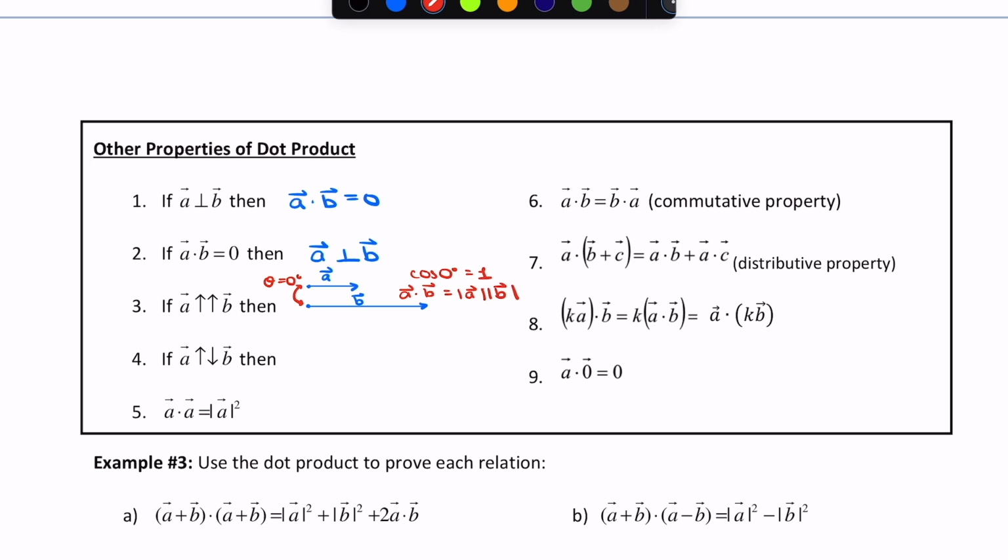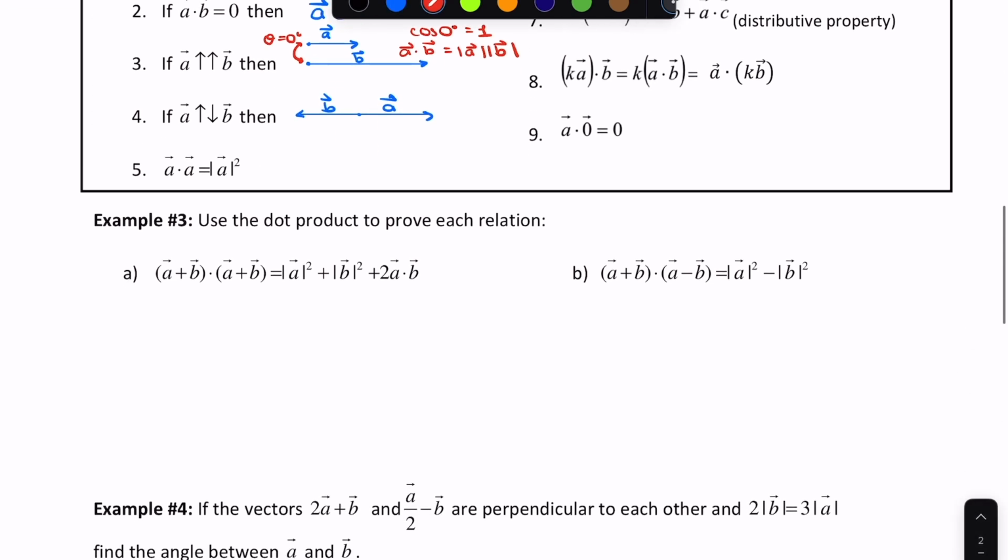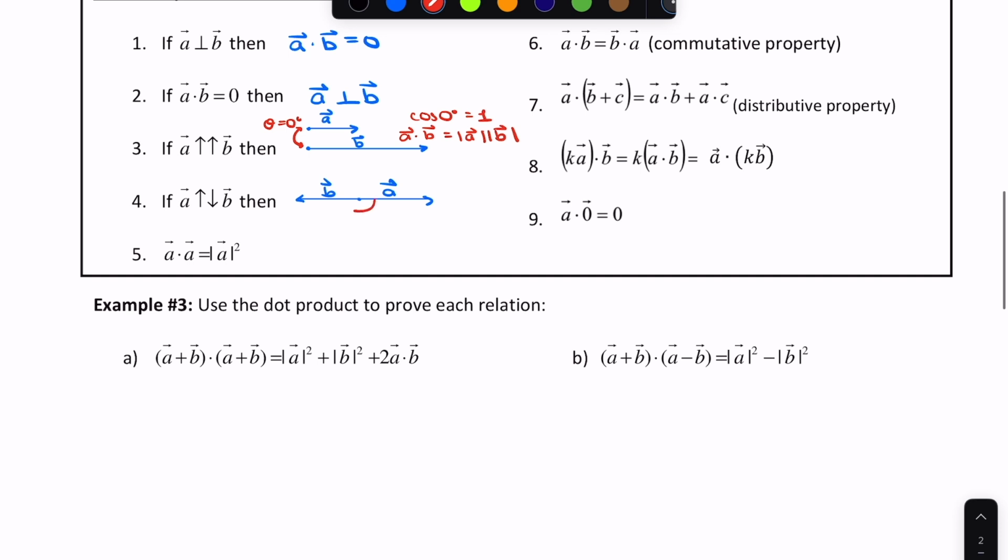Here, if vector A and vector B are moving in opposite directions, so let's say vector B moves to the left, vector A moves to the right. You see that the angle that gets created is 180 degrees.